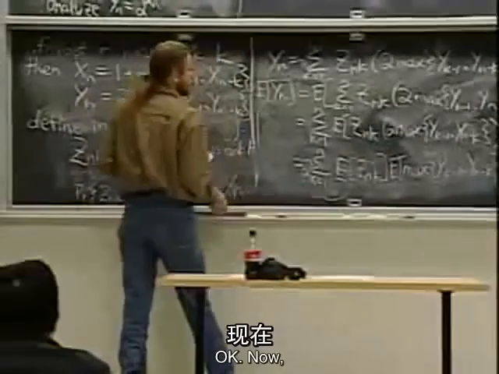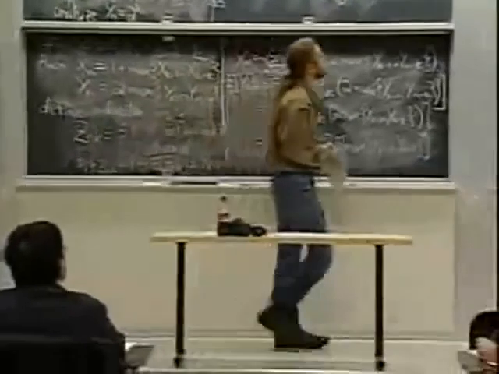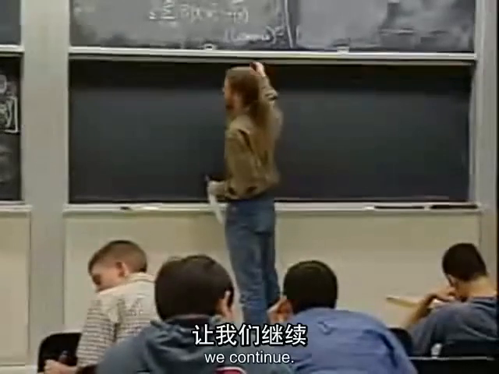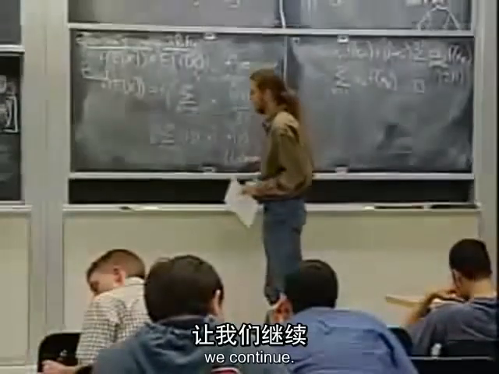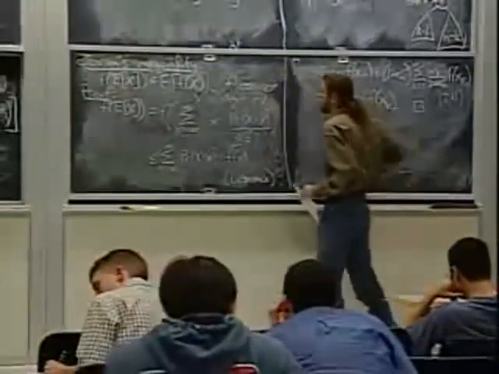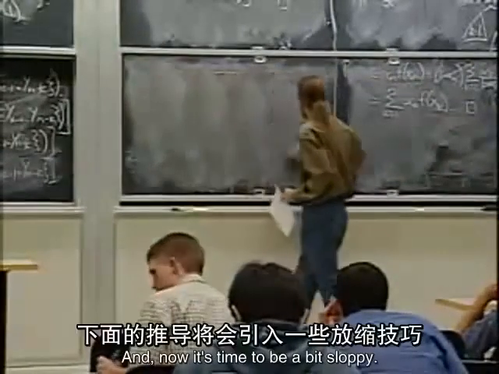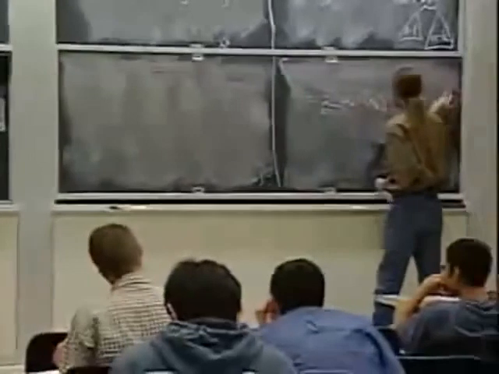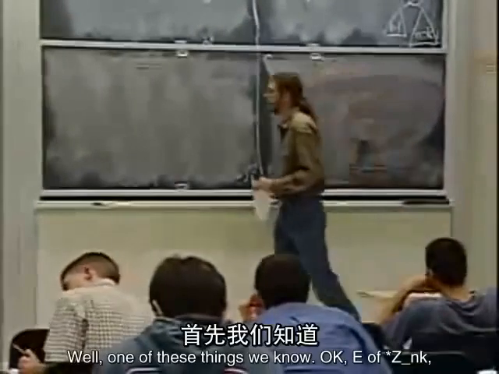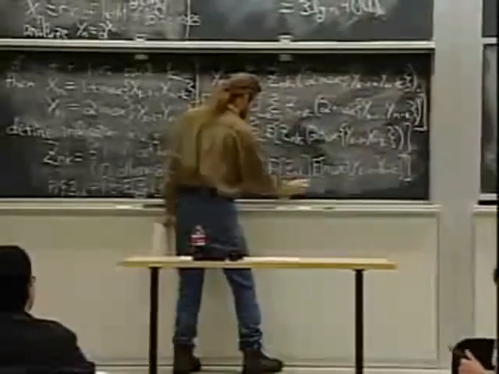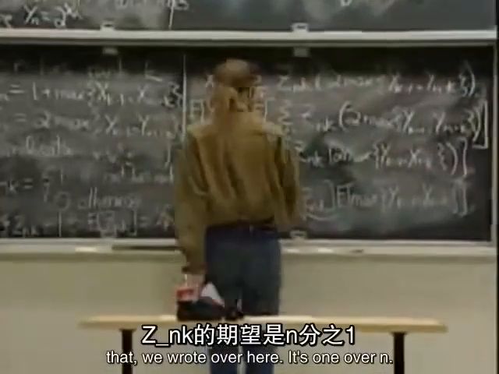Now we continue. And now it's time to be a bit sloppy. One of these things we know: E of znk, that we wrote over here, is 1 over n.